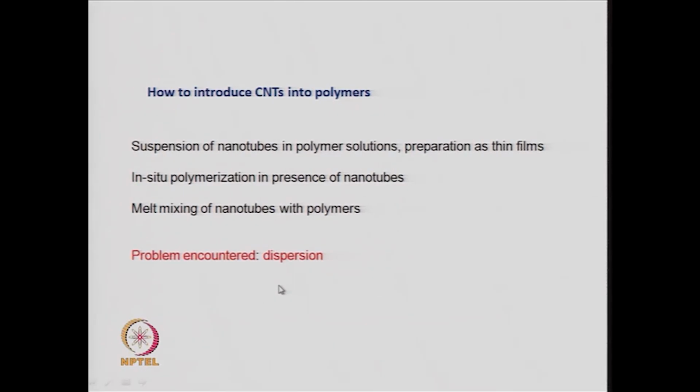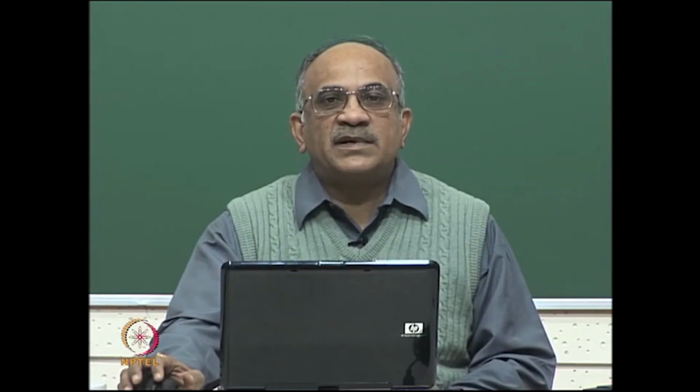The dispersion will be dependent on the methodology and the concentration which you choose. Because this is generally a problem, how well or how homogeneously you can distribute the carbon nanotubes in the polymer is a key point, and you have to optimize methodologies such that you have high dispersibility of the carbon nanotubes in the polymer matrix.